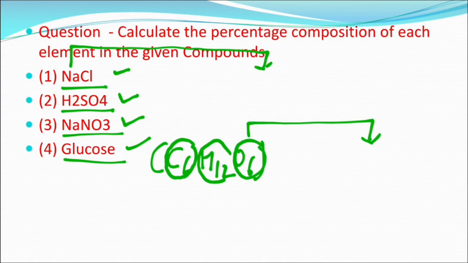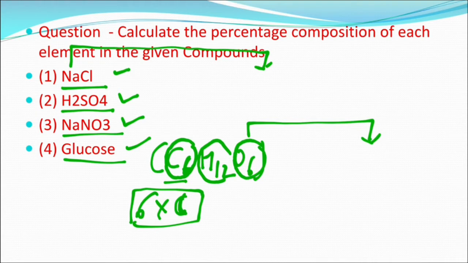Keep one thing in mind: while calculating the percentage of carbon in glucose, we have to use the mass of all the 6 carbon atoms, because there are 6 carbons present in one molecule of glucose. So you have to do your calculation on the basis of that. Don't take the mass of just one element. Sometimes we make this kind of mistake.